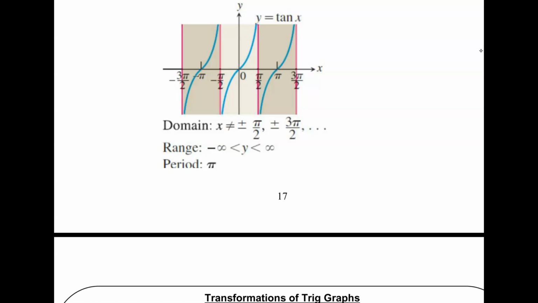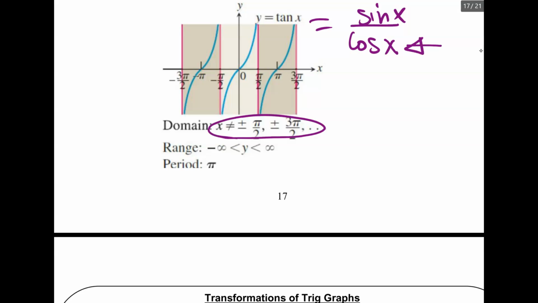So our asymptotes happen whenever cosine is 0. So the domain: x cannot equal odd multiples of 90 degrees. Otherwise, the range, you can see it goes to infinity in both directions, and every pi it repeats.